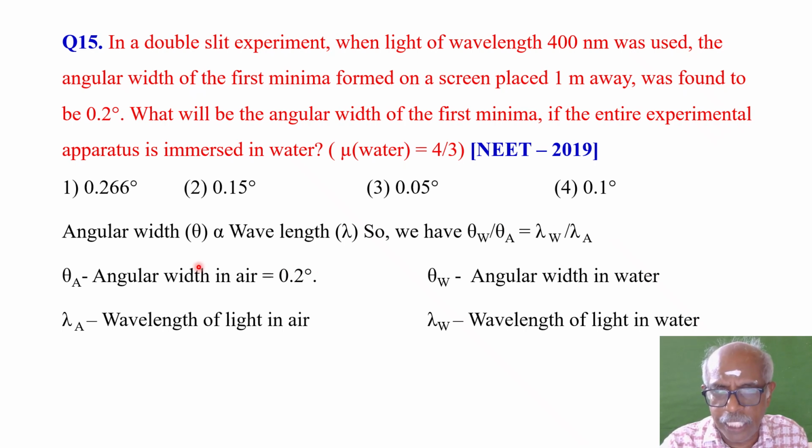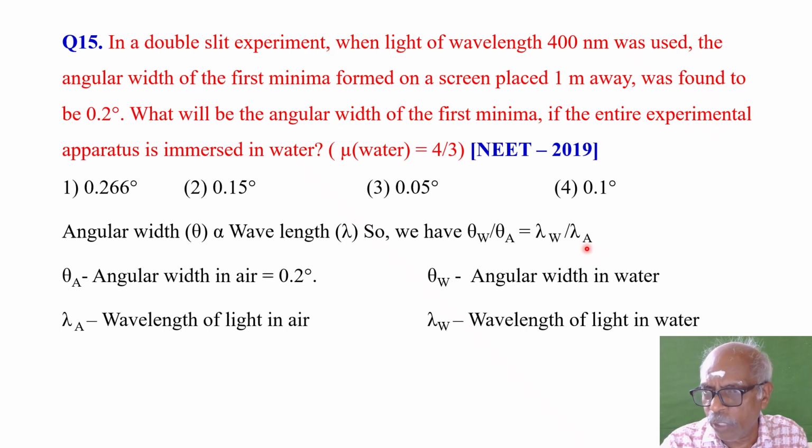So angular width theta is directly proportional to wavelength of light, lambda. That you know very well. You have studied Young's double slit, etc. So theta is proportional to lambda. So you can write as an equation: theta w divided by theta a is equal to lambda w divided by lambda a.